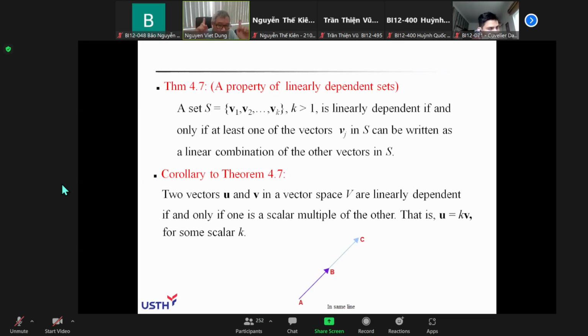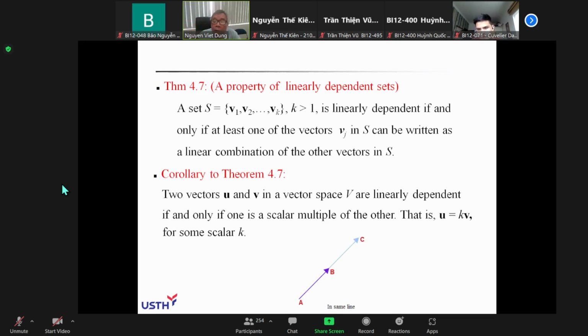Now I want to consider only one special case, the case when the set S has only two vectors U and V. In that case, U and V will be linearly dependent if and only if U equals k times V for some number k. You can imagine it like the vectors you know already from high school.